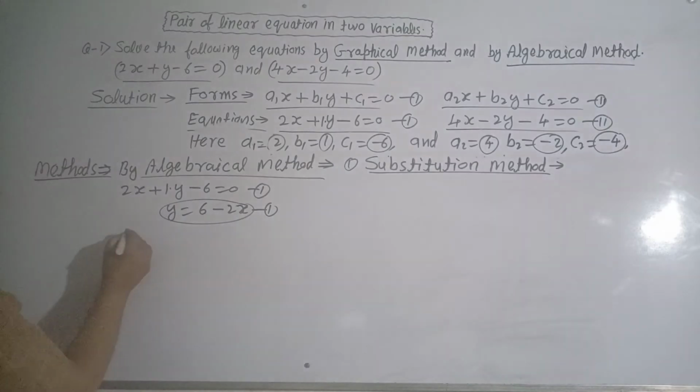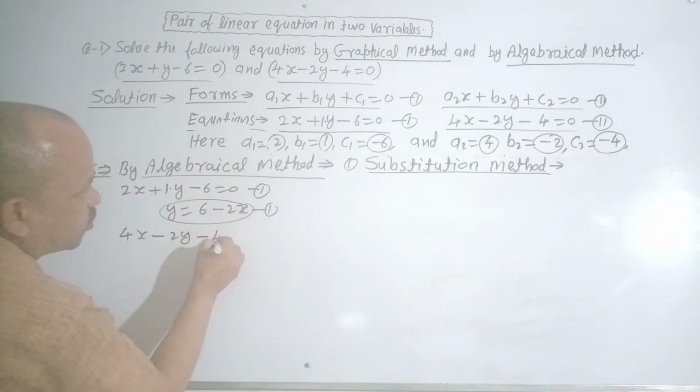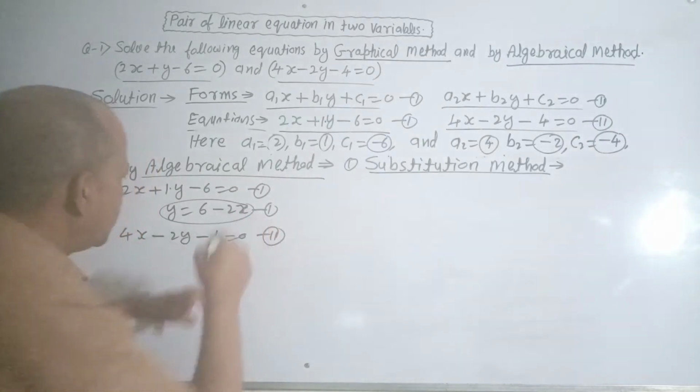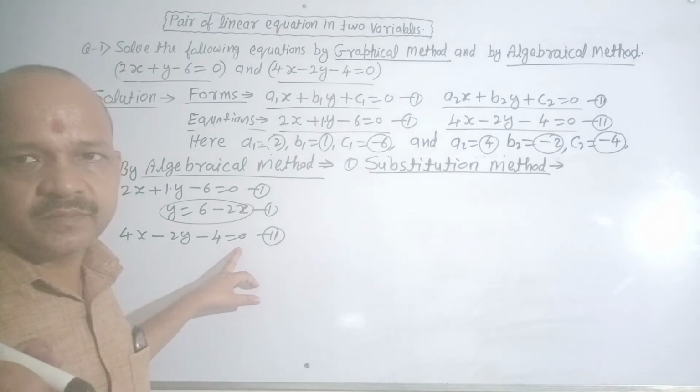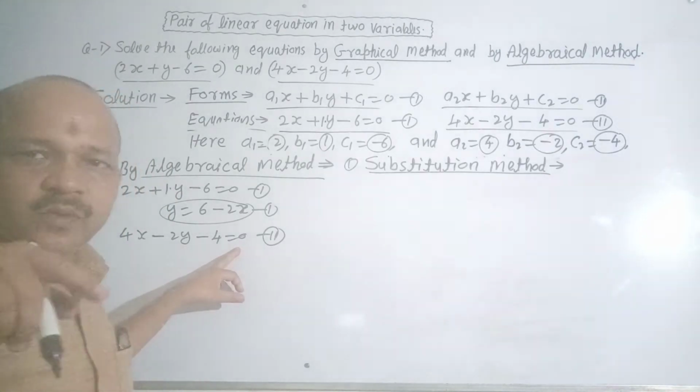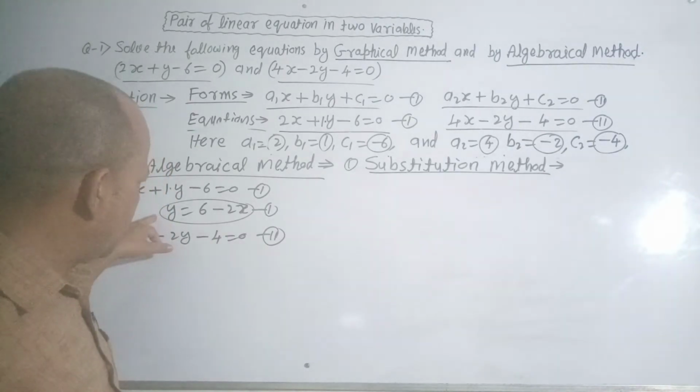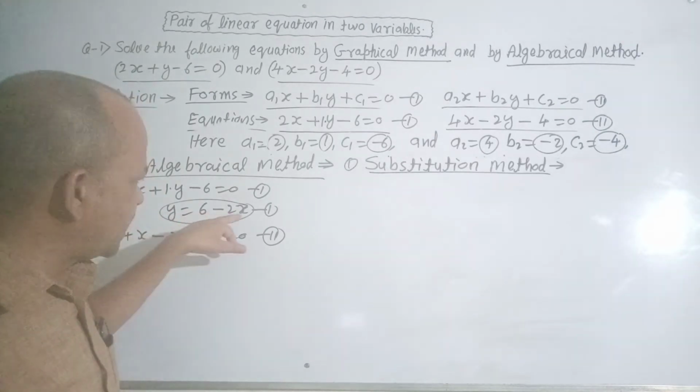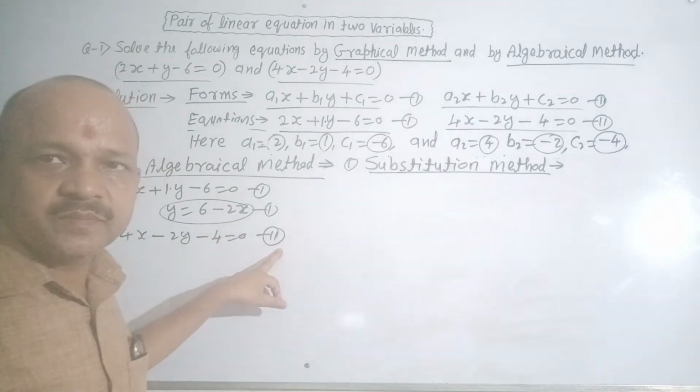Equation second, 4x minus 2y minus 4 equal to 0. It is equation second. Now you substitute the value of y equal to 6 minus 2x in equation second.